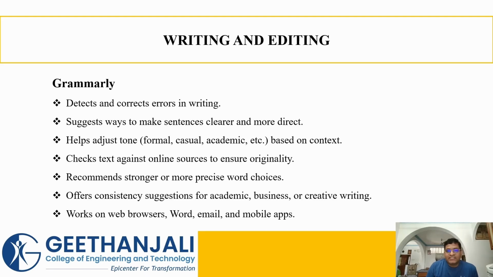Grammarly detects and corrects errors in writing, suggests ways to make sentences clearer, helps adjust tone based on the context, checks text against online sources to ensure originality, recommends stronger or more precise word choice, and offers consistent suggestions for academic, business, or creative writing. It works on web browsers, Word, email, and mobile app.